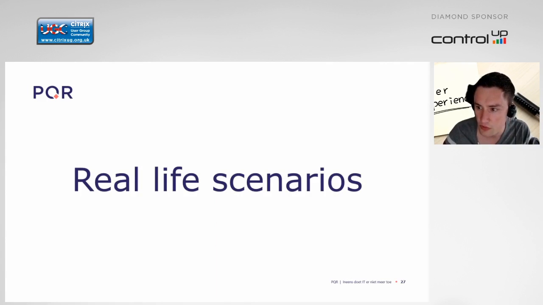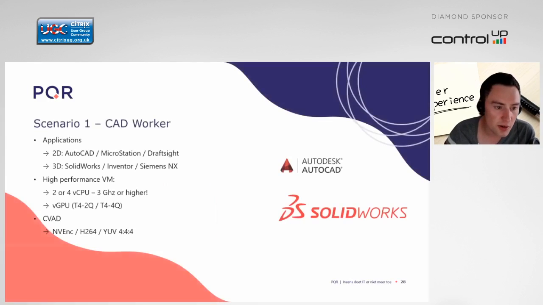Let's show some stuff. So the first scenario I want to show you guys is the CAD worker, so a heavy 3D or 2D worker, which relies on applications like AutoCAD, or 3D applications like SolidWorks or Siemens NX.